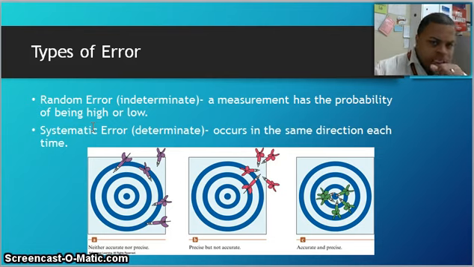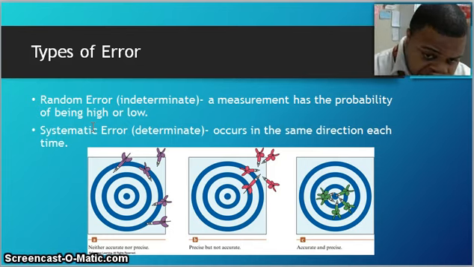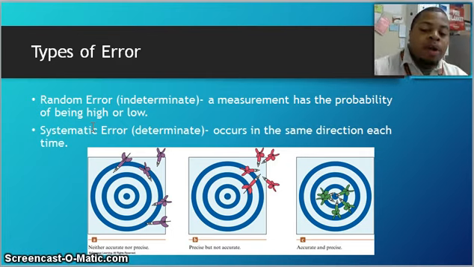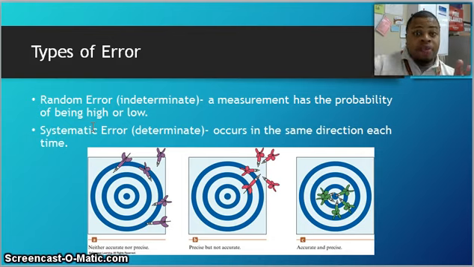Versus a systematic error, which is usually going to occur in the same direction each time. So this will be more like B. In B, all of them are in the same area of the chart. Actually, they've flown off the chart, but this will be a systematic error. All of the measurements are going to be in the same direction.